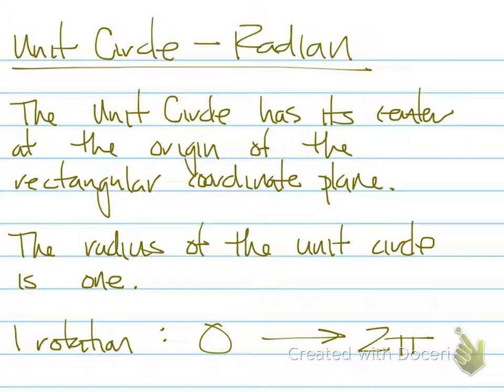So the unit circle still has its center at the origin of the rectangular coordinate system, and the radius of the unit circle is still 1. Remember, one rotation around the circle starts at 0, and once you're back at 0 after one full rotation, you will have gone 2 pi radians.